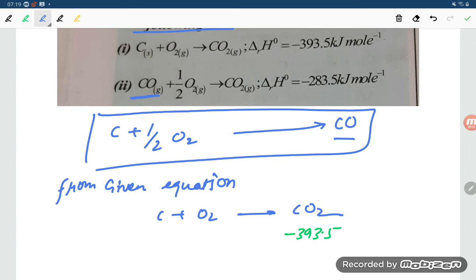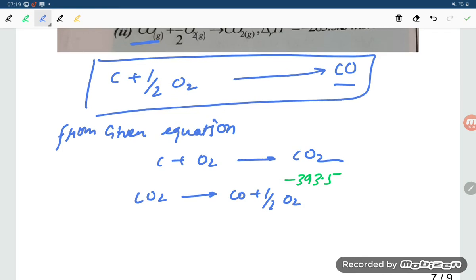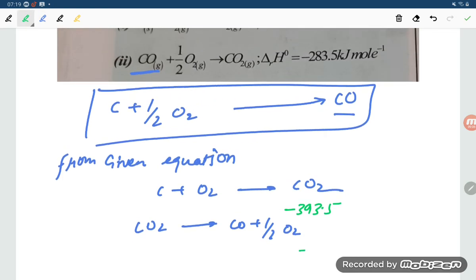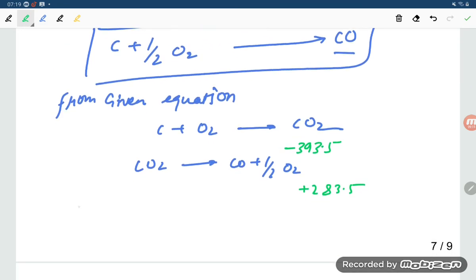Now the second one, after reversing, CO2 is giving what? CO plus half O2. After reversing, its value is coming plus 283.5. Okay, 283.5.